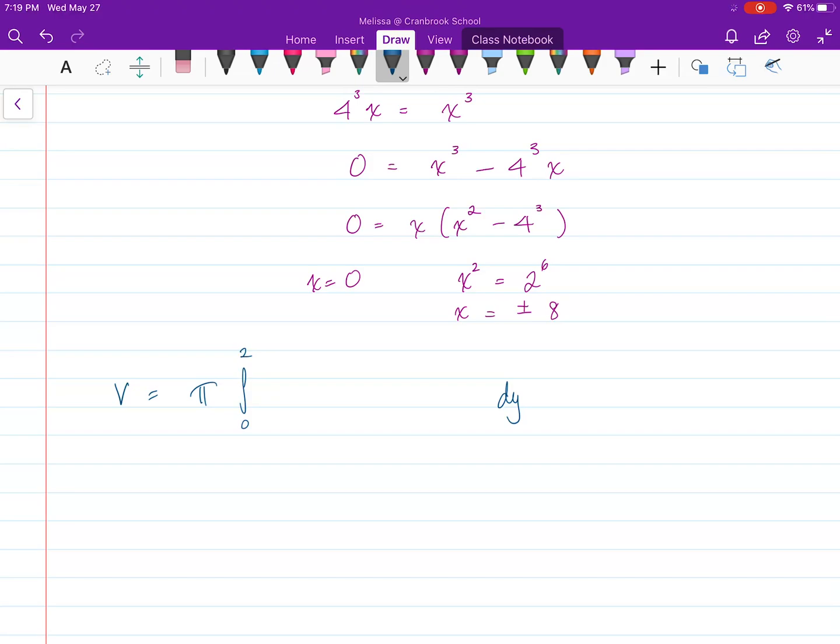I said my outside radius, or my larger radius, when I go to rotate this blue region around the y-axis, is defined by my line. So that's 4y squared. And if I were to just simply rotate that, I actually end up with a 3-dimensional shape that is a cone that has a radius of 8 and a height of 2.